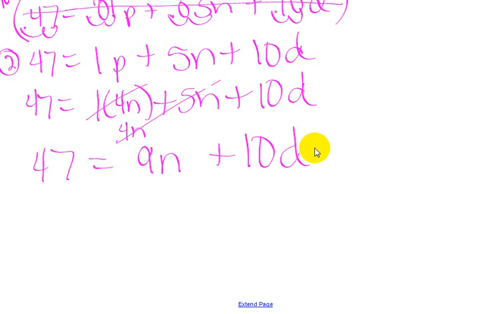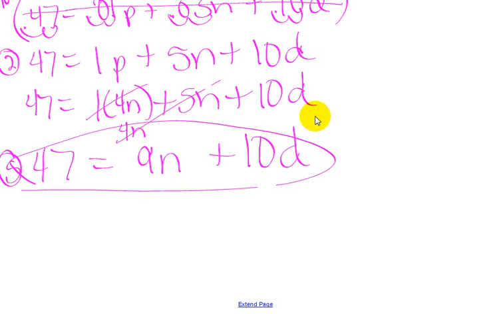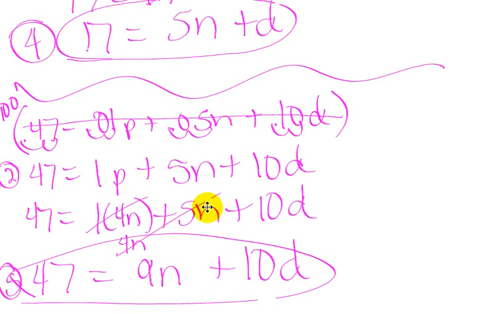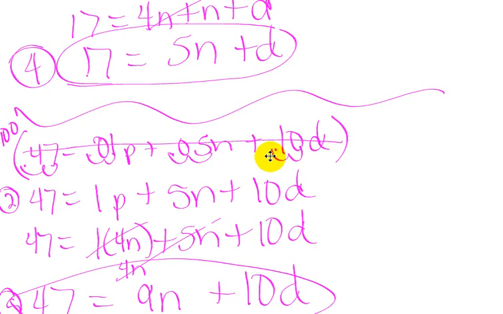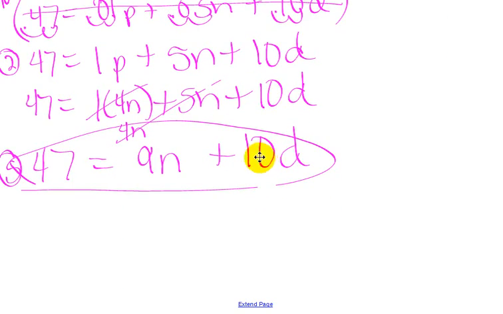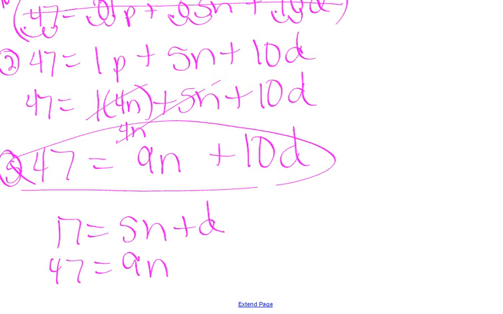Okay, now we have equation 5. So now let's combine equation 4 and 5 and eliminate one more variable. So equation 4 was 17 equals 5n plus d. And equation 5 was 47 equals 9n plus 10d.